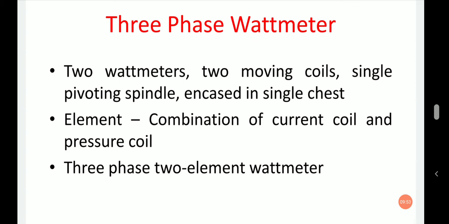Now we will discuss an electrodynamic three-phase wattmeter, which is a single instrument constructed for the measurement of three-phase power.